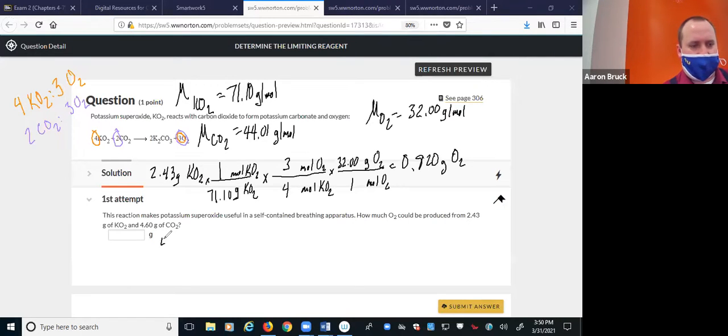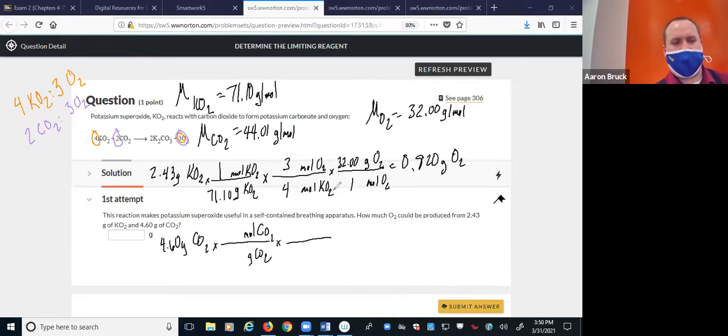So I start with my 4.60 grams of carbon dioxide. I'm going to convert those grams of CO2 into moles of CO2. I'm going to turn the moles of CO2 into moles of oxygen. And I'm going to turn the moles of oxygen into grams of oxygen.